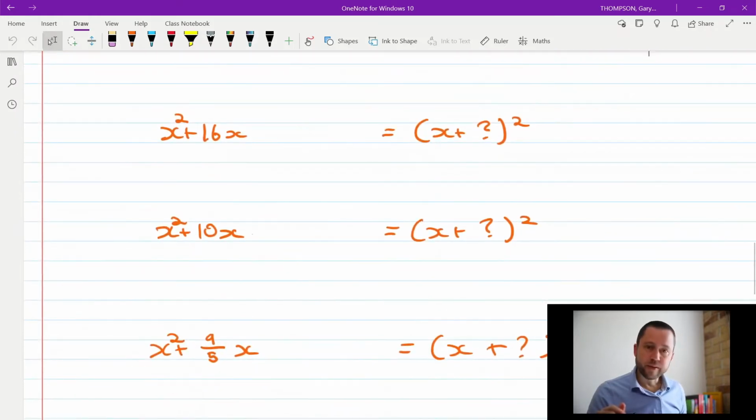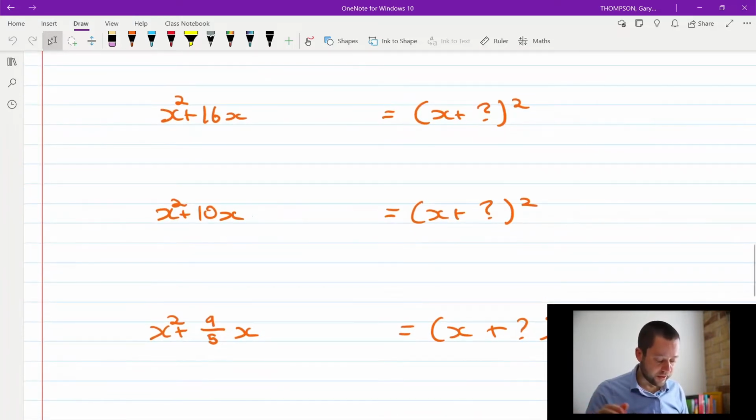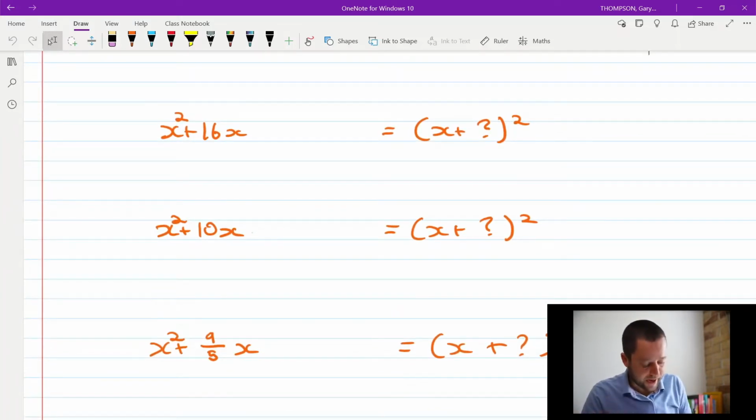Okay, at this particular point, I've assumed that you've paused the video and you've returned. I'm going to talk through this one. So again, I'm looking for that same pattern, remembering that when I had a square that was expanded, the second term, my x plus that other term, I had twice that term in the middle here, and I had the term squared at the end.